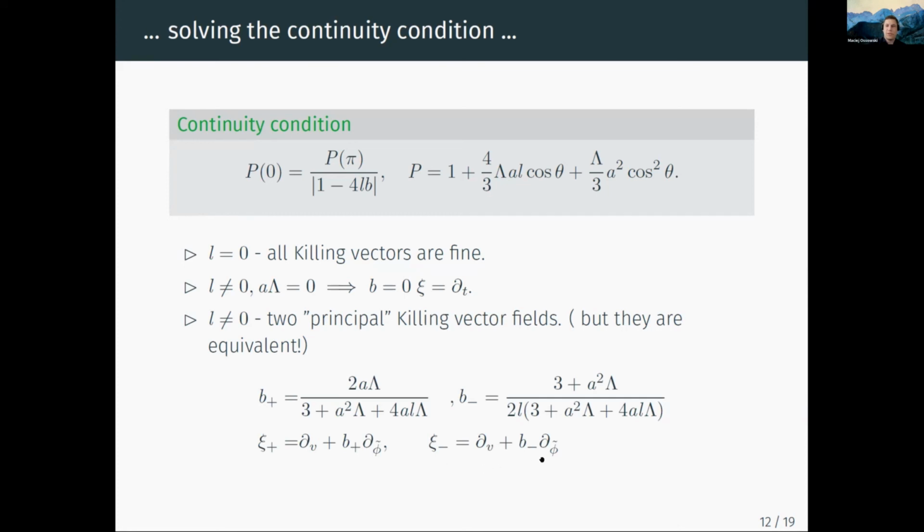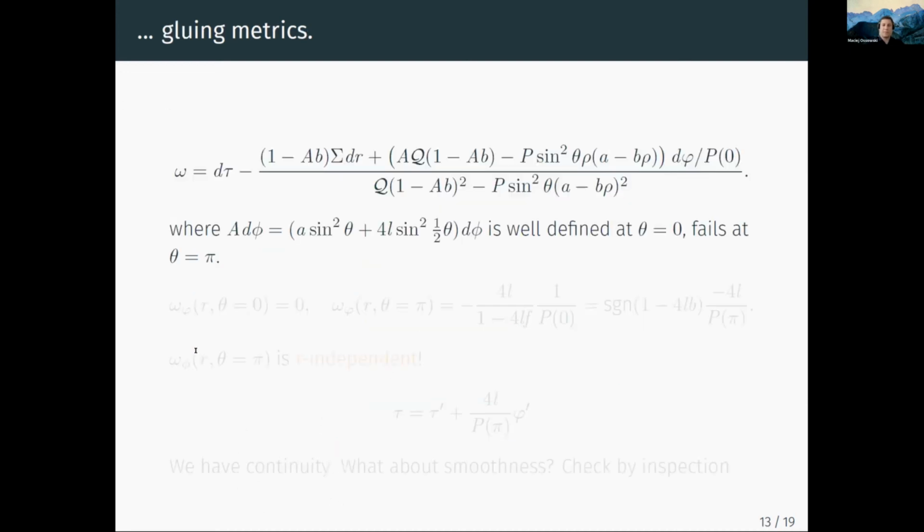So we have two solutions to these conditions, two because of this absolute value. And basically, for any choice of parameters, we can plug it in and read off an appropriate Killing vector, which we can use to glue the spacetime.